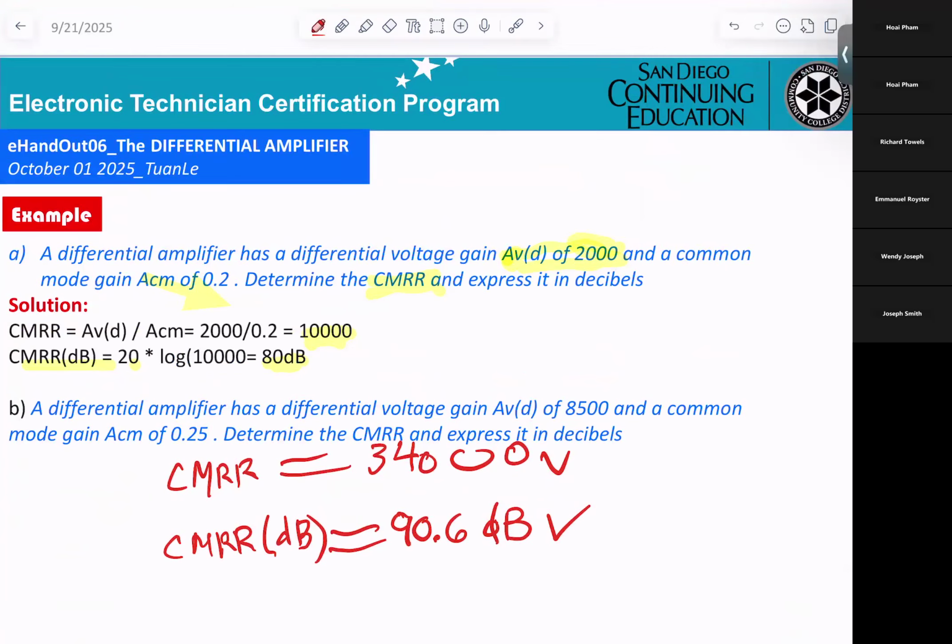When you calculate two things and one CMRR equals 90.6 and another equals 50.5, the 90.6 will be better. That's what they try to explain to you.